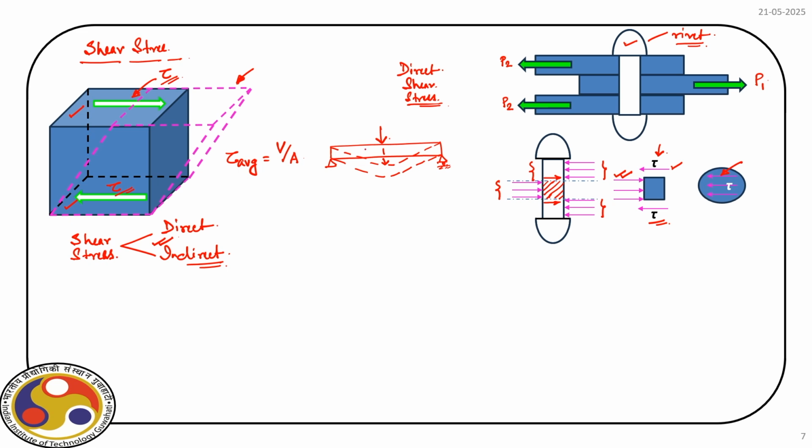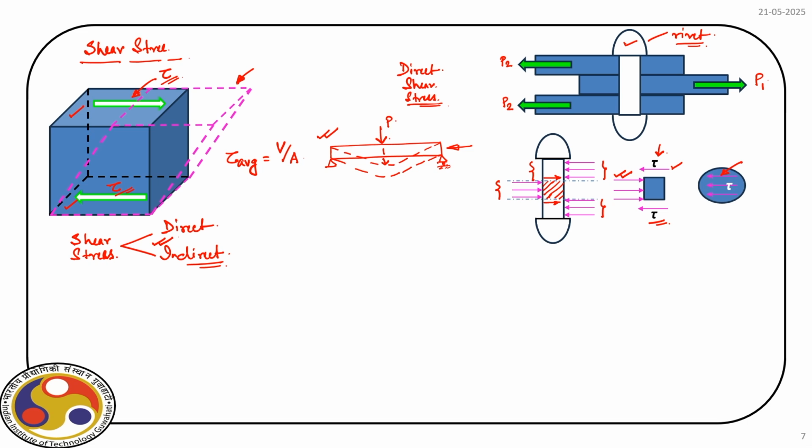As we progress in this course, we will study this behavior, we will quantify that also, and that is the example of indirect shear stress. For the time being, let us focus on direct shear stress, and as we progress, we will consider this type of elastic body, and then we will also consider their deflected shape, and we will quantify the stress components that are developed due to the action of some external force.